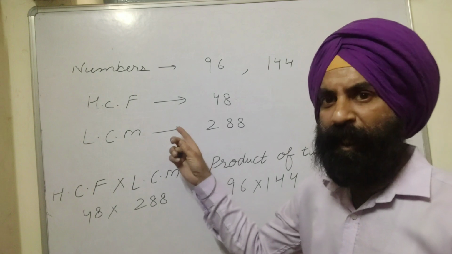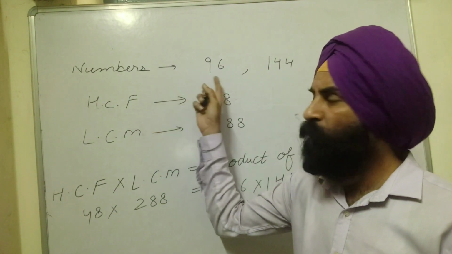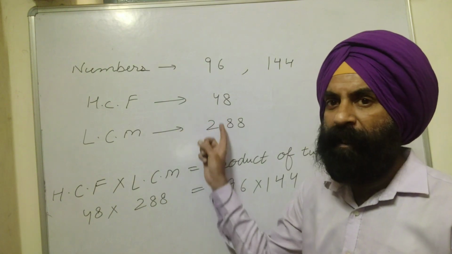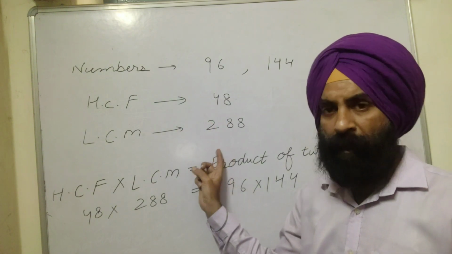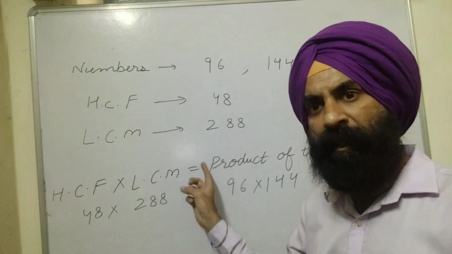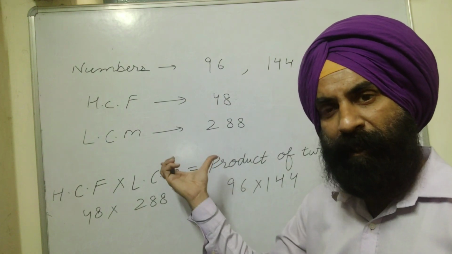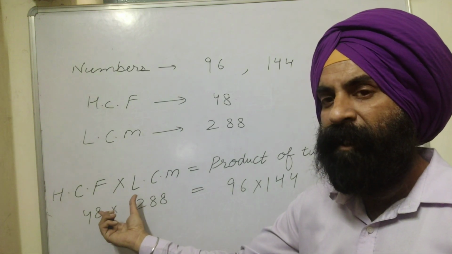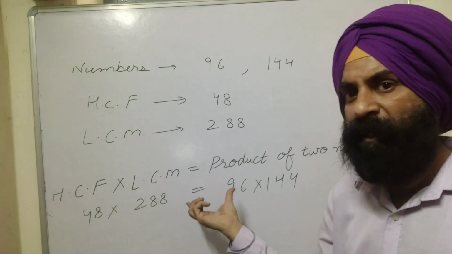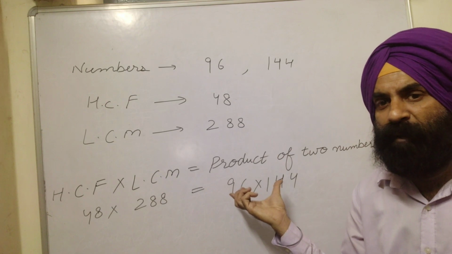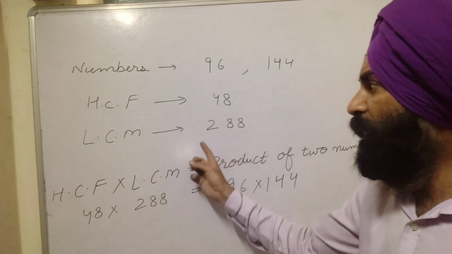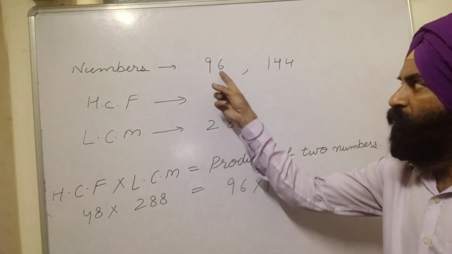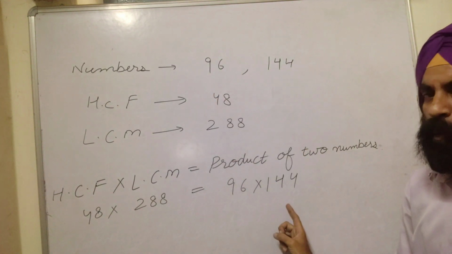Now after finding the HCF and LCM of the two given numbers 96 and 144, HCF was 48, LCM was 288, we will learn a result for these numbers. The product of HCF and LCM of two numbers is always equal to the product of the two numbers. So HCF 48 multiplied by LCM 288 will be equal to the product of these two numbers, 96 and 144.